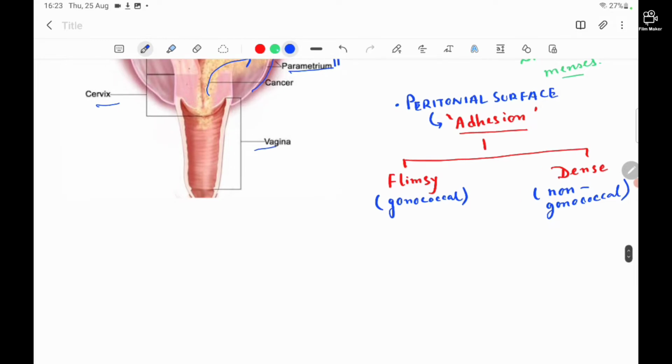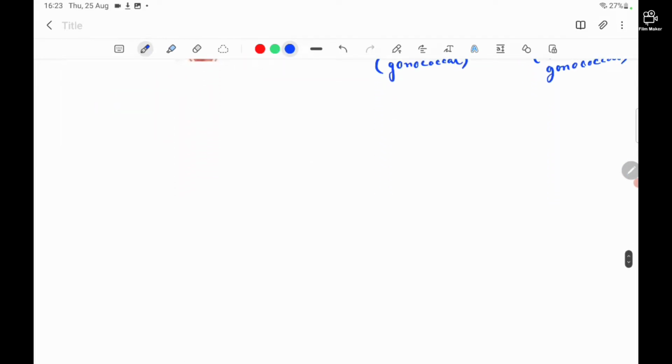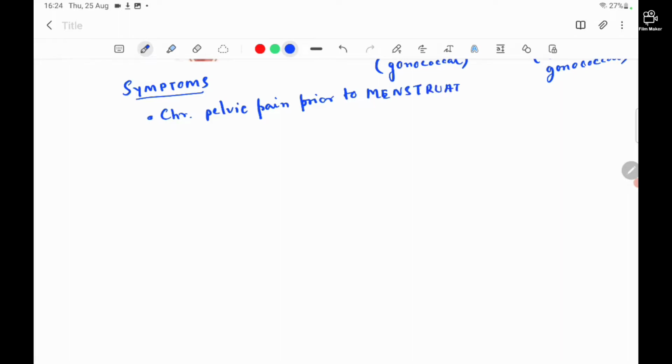Now, what are the symptoms? The symptom is chronic pelvic pain prior to menstruation.